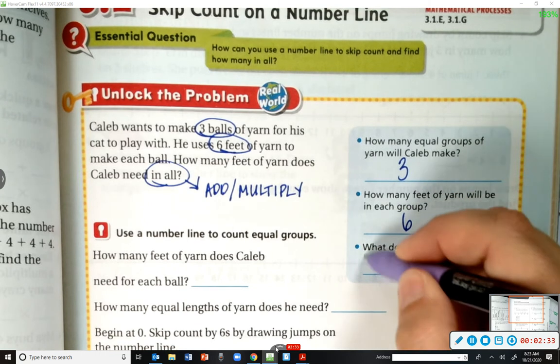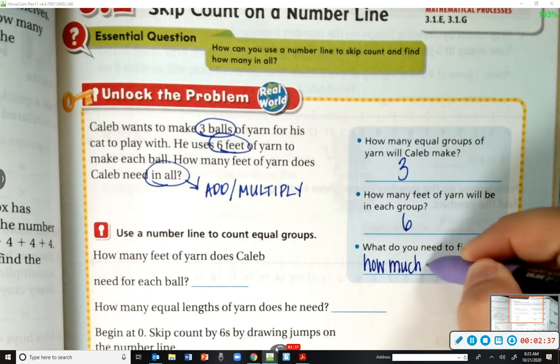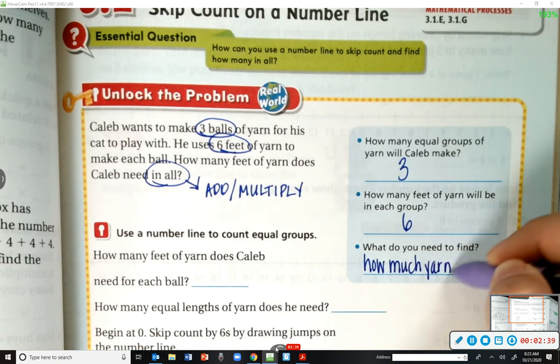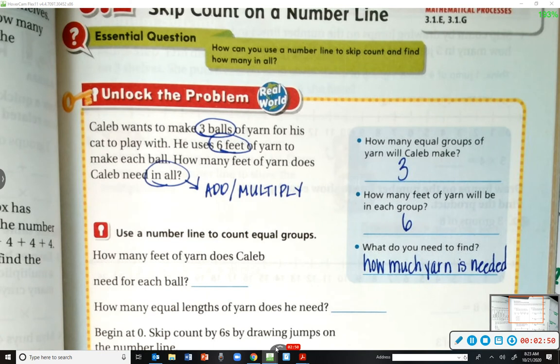So how much yarn is needed? Okay, how much yarn will he need for 3 balls with 6 in each ball? 3 groups with 6 in each group.